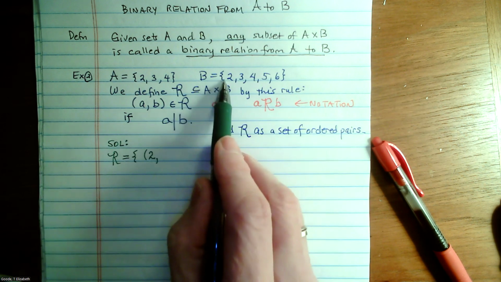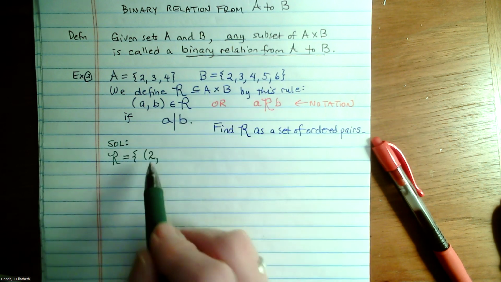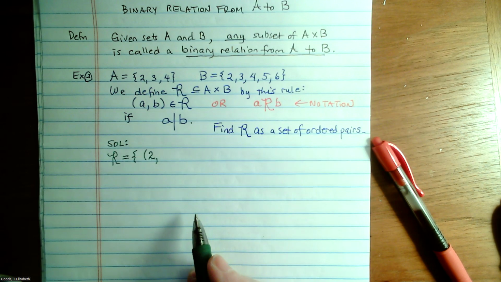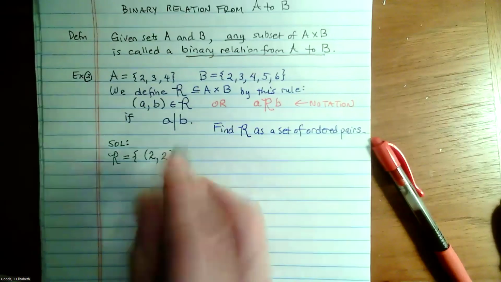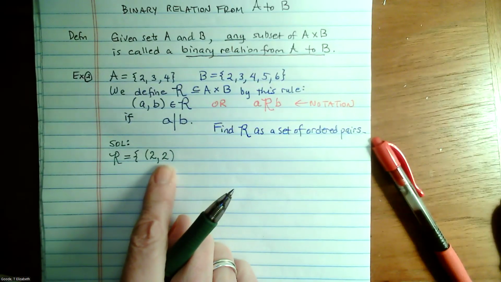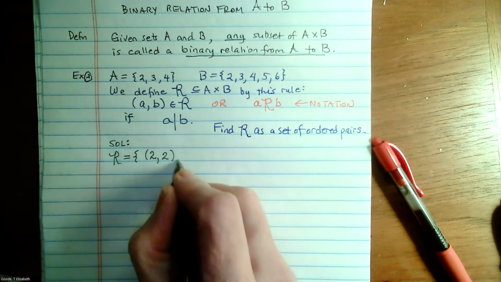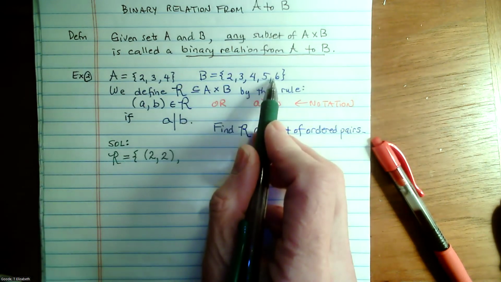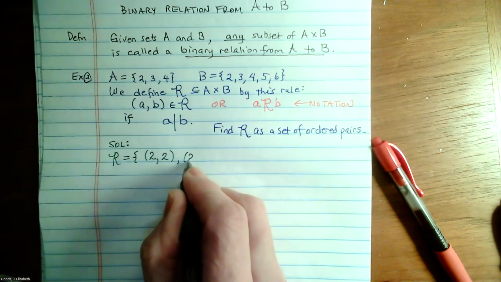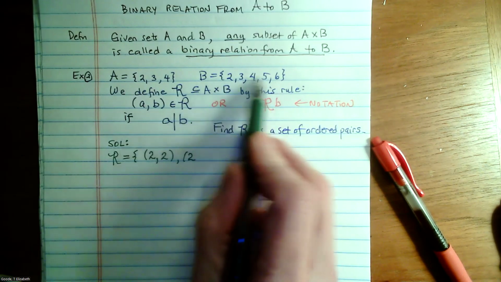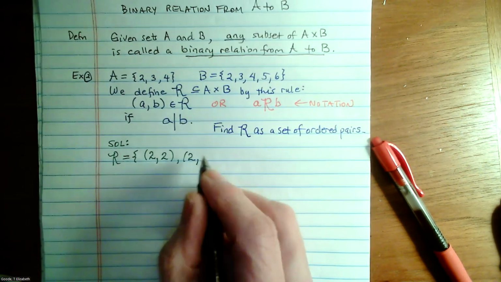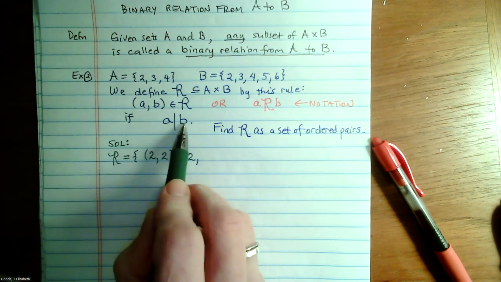So can anybody tell me one of the ordered pairs that'll be in this binary relation? (2, 2). Yeah, because 2 does divide 2. Does everybody understand that that's why (2, 2) is in there? Good. But there's some other elements of B that can pair up with 2 as their first coordinate. Remember, 2 is coming from A. What other elements of set B could serve as a second coordinate to make this rule a divides b true?